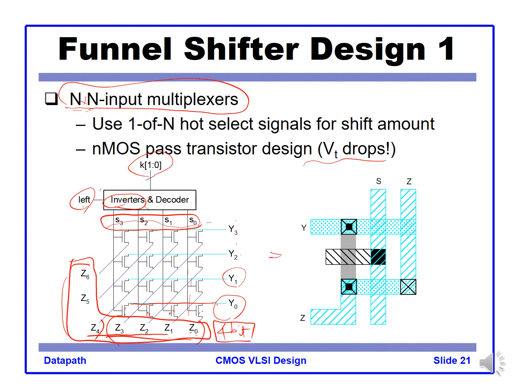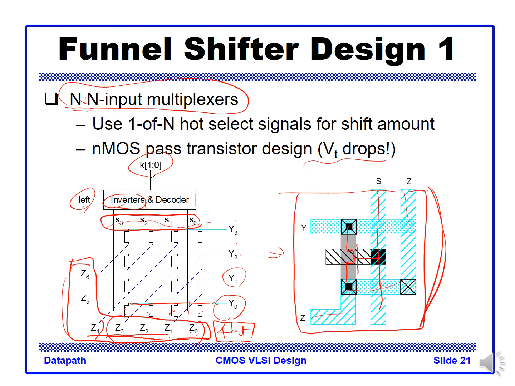This is a simple structure of the layout. We have a MOSFET here, the gate here, the selection signal here, right? Z signal like this and like that. If we place this unit cell in an array, then we complete this kind of structure.